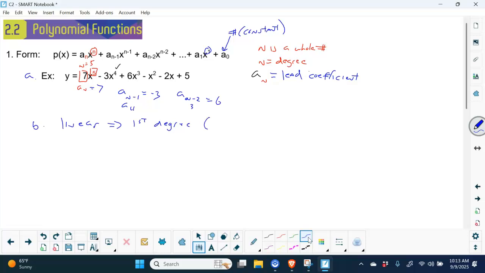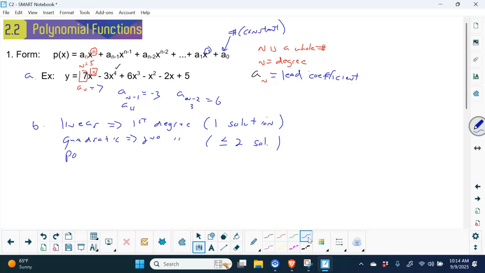And interesting thing here is you're going to have possibly one solution. Quadratic is going to be second degree. And you're going to have up to two answers, so less than or equal to two solutions for quadratic.